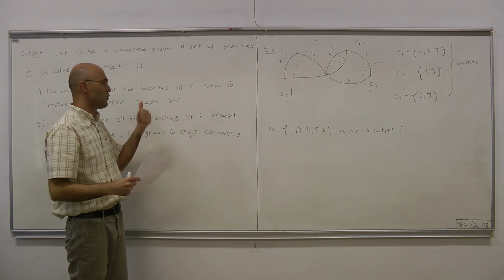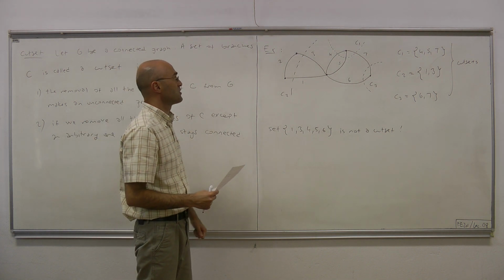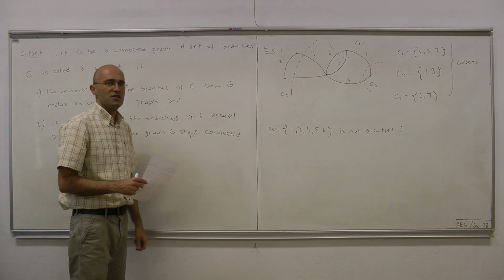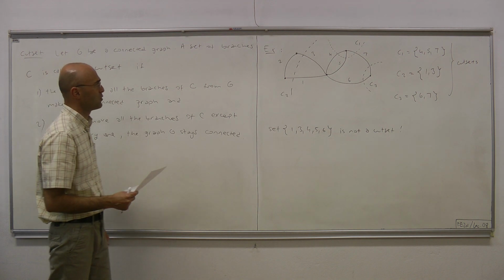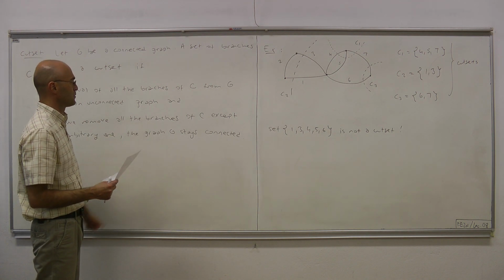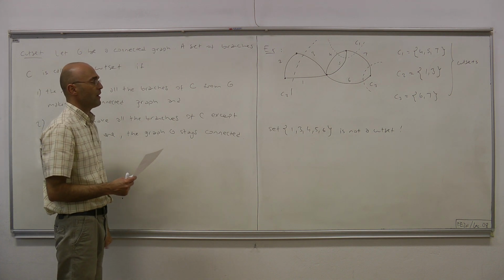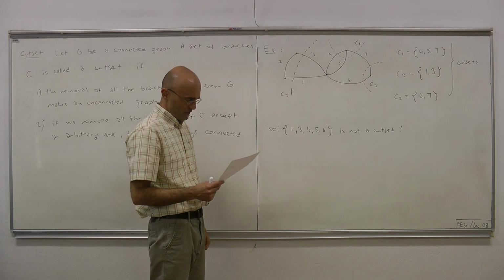So clearly the first condition is satisfied. The graph becomes disconnected if you remove all of them. But the second condition is not satisfied, and I'll leave it to you to see why that's the case. Therefore, this set is not a cut set.